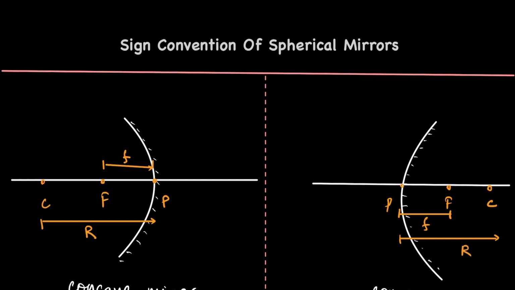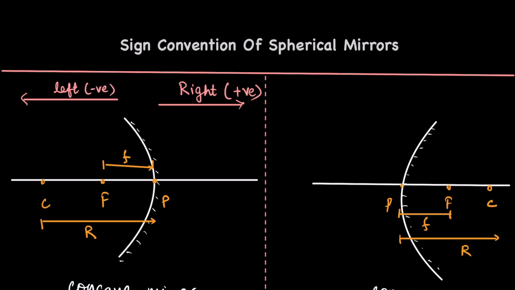So rule says that anything that is present on the right side will be considered as positive. Anything that is on the left side will be considered as negative. Left and right is divided based on the pole. Pole is the reference.